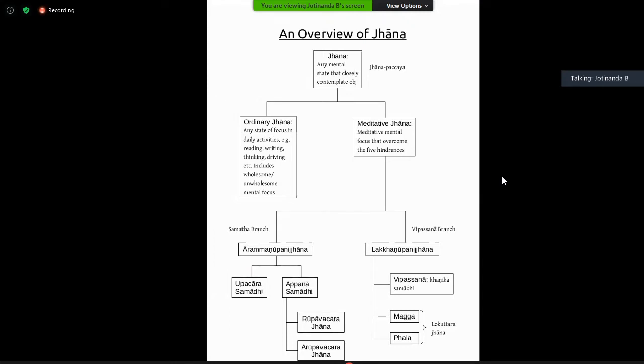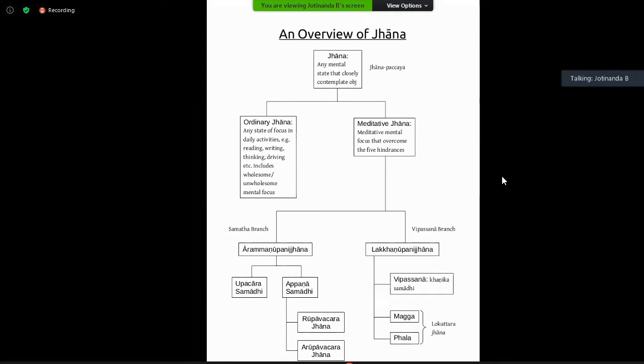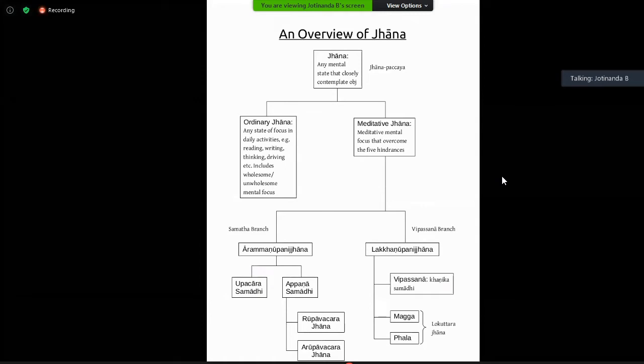That is the nimitta. Then you close your eyes and focus on the nimitta. That is the object. You focus on it until the whole mind absorbs into it. In the jhana, as you focus on it, it becomes brighter and brighter, purer and purer, more and more luminous, until finally the whole mind absorbs into it. So there is a close contemplation of this object, this nimitta.